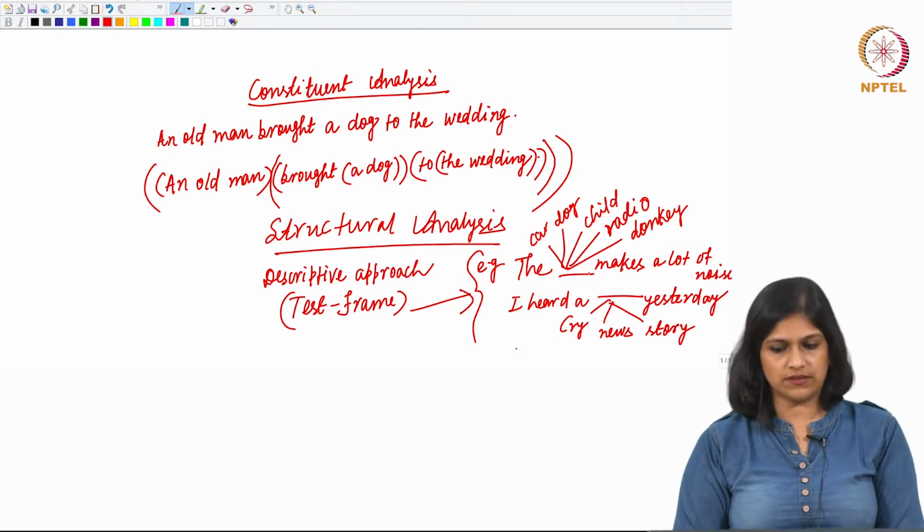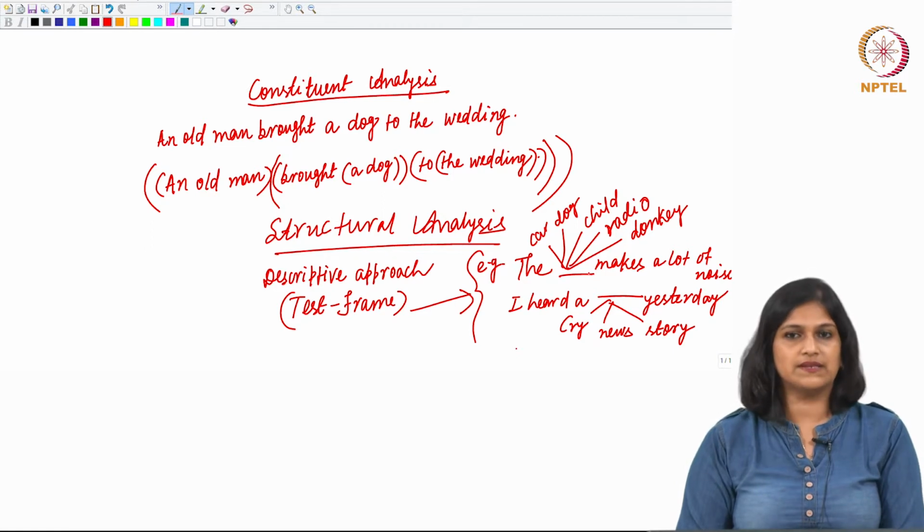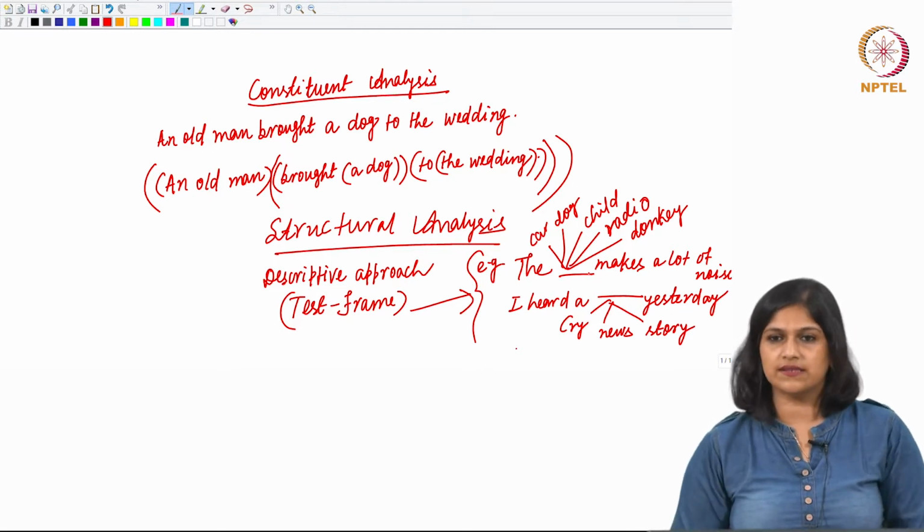The common nouns. But can you say "the Kathy makes a lot of noise"? You can't, because Kathy is a proper noun and it would not allow any definite article before it. You cannot say "the Sunday makes a lot of noise" either. It does not make much sense. You can't say "the the dog." So, a double definiteness marker is not allowed, right.